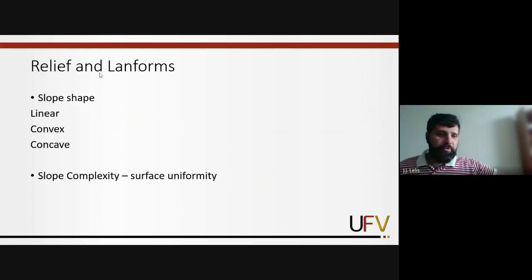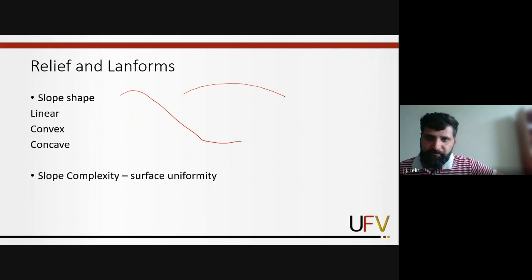We also can describe the geometry, the shape of these slopes, and it can be linear, something like this. You have a high angle here. You can find a convex slope, something like here, that distributes the water.